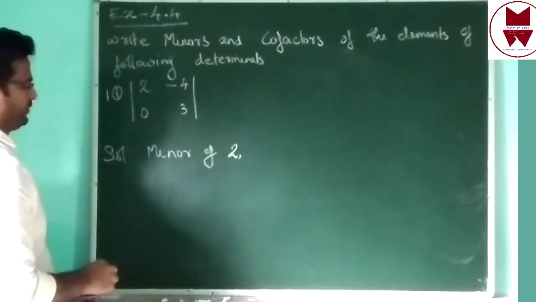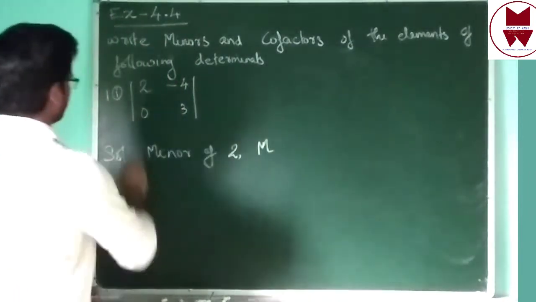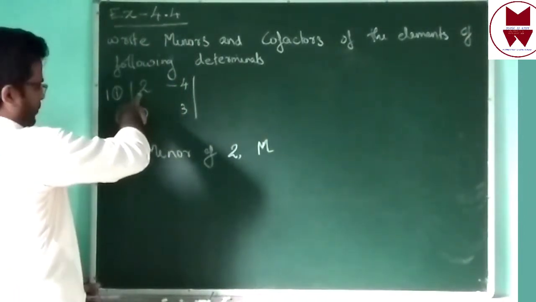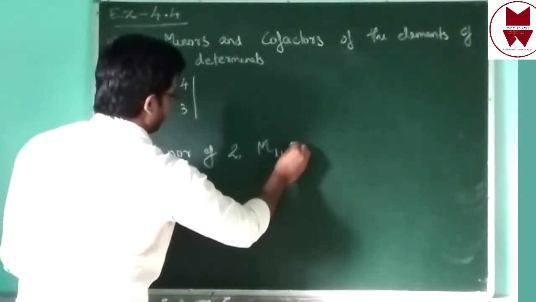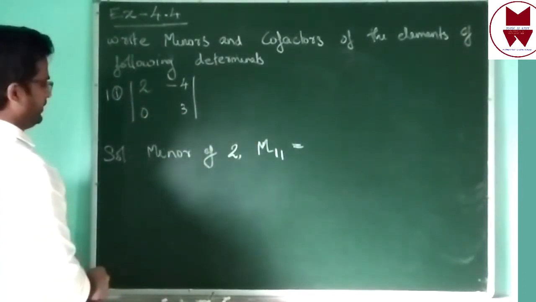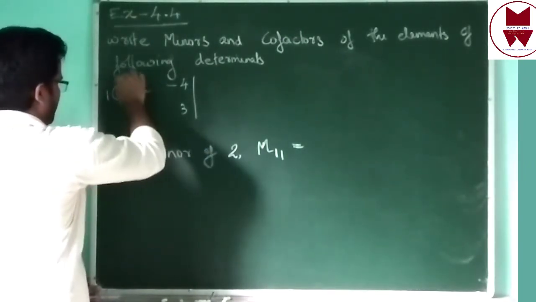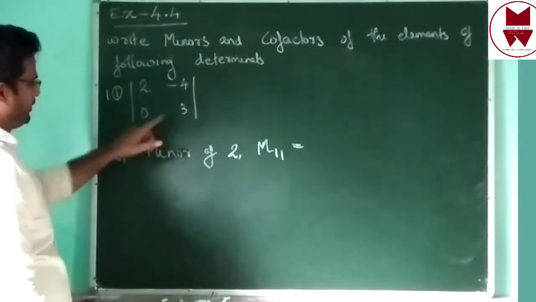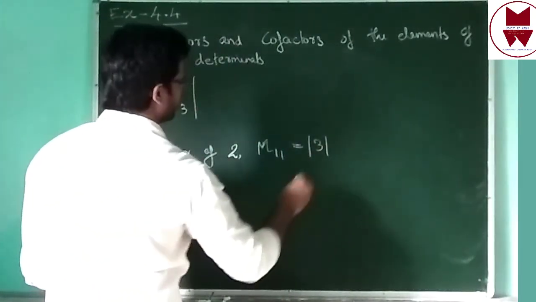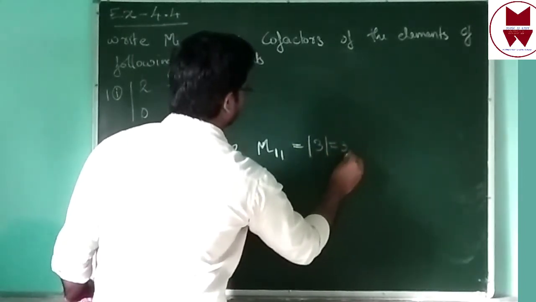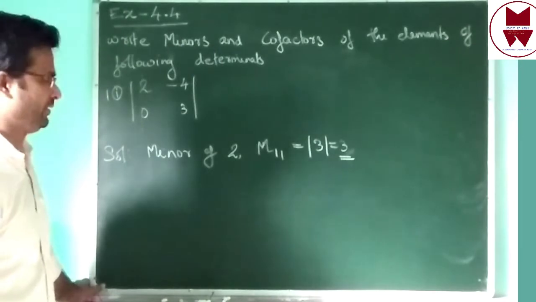The minor of 2 we write M, this 2 in first row and first column, M11, isn't it? When you consider this 2, delete that column and row, then only 3 remains. We write the determinant of 3 equals 3. This is not modulus, that is determinant.